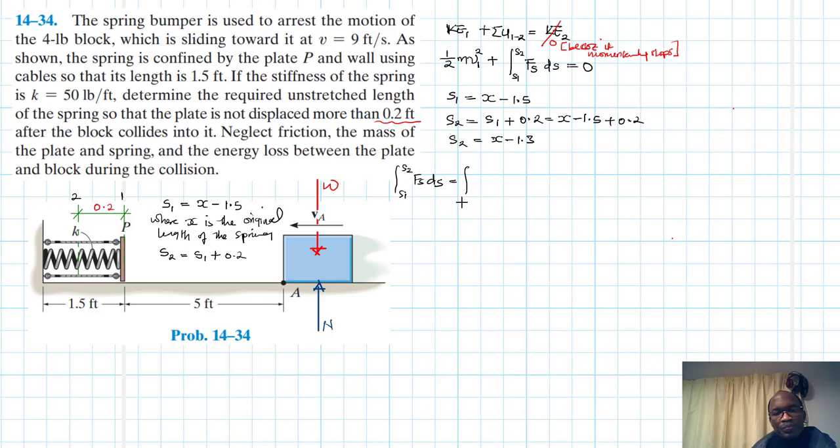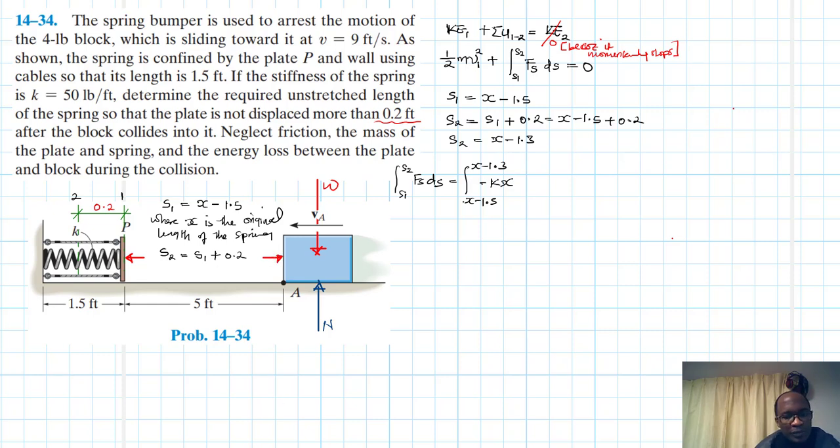So we have x minus 1.5, then here x minus 1.3, then minus kx, because we know that we are going to have a spring force. The moment this particular block strikes the spring, we'll have a force on this part like so, and also on that part like so.